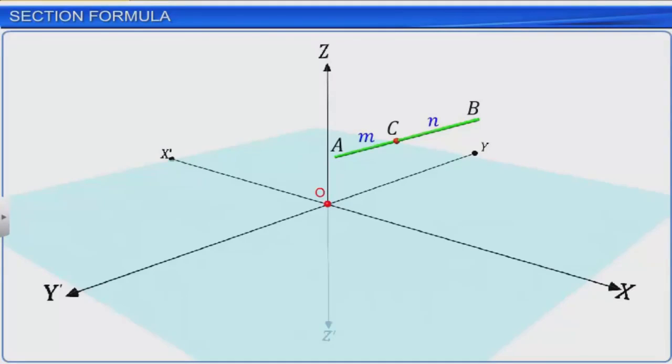Let the coordinates of point A be x1, y1, z1 and point B be x2, y2, z2. Let the coordinates of point C be x, y, z. We draw perpendiculars from points A, B and C onto the xy plane.